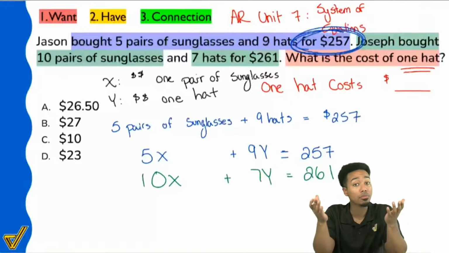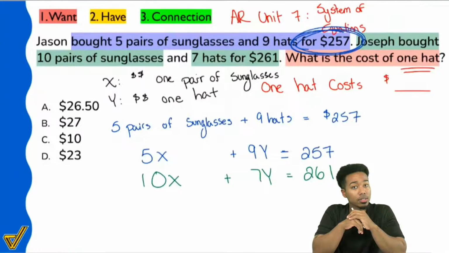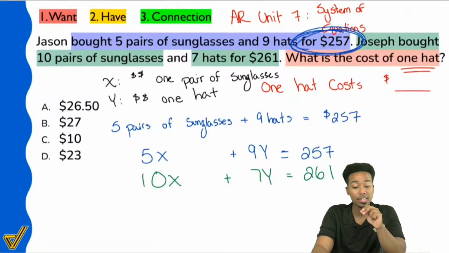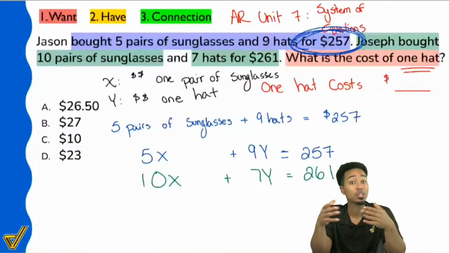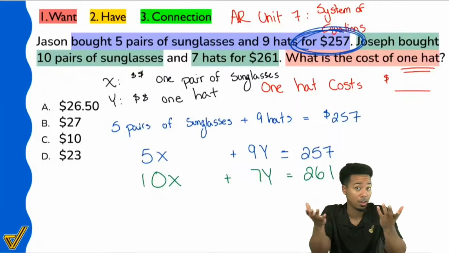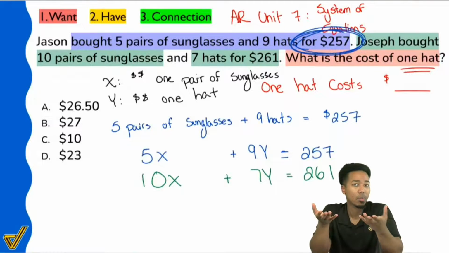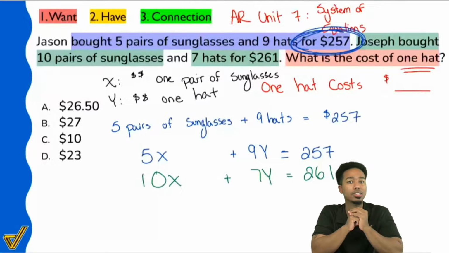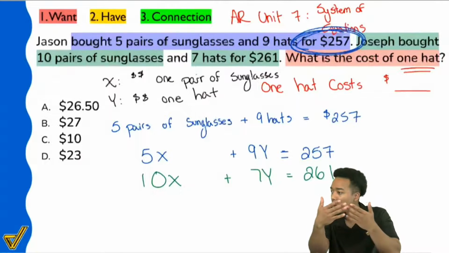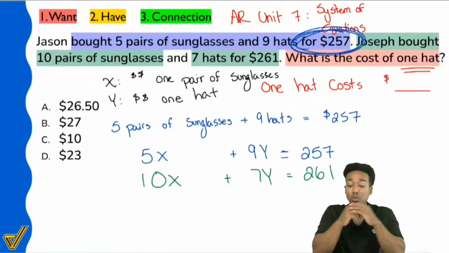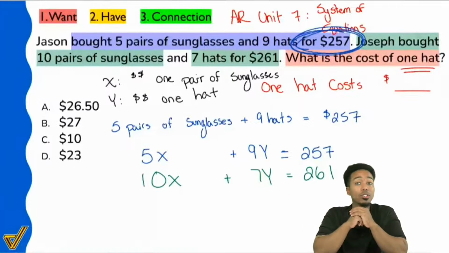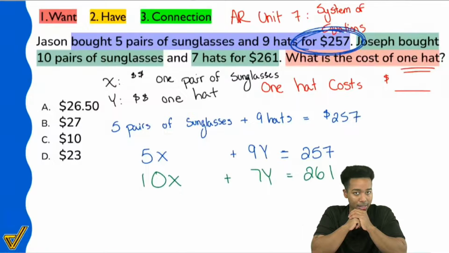Is that fair? Does that make sense for that green sentence? Yeah, exactly. We're using x for the pair of sunglasses because we don't know the cost of one pair, so x represents the cost of one pair of sunglasses, and y would be the cost of one hat. That's what allows us to make these equations, to turn that English into math.